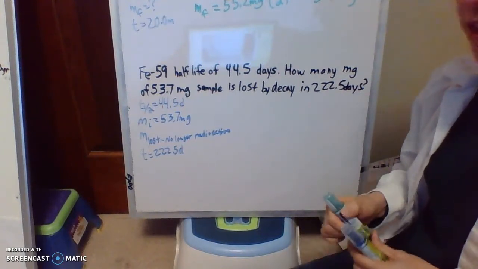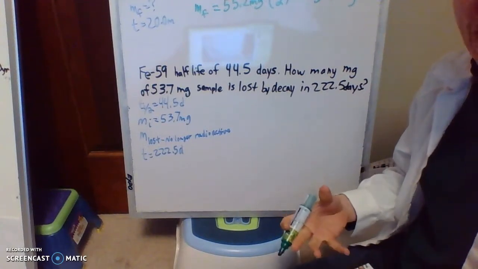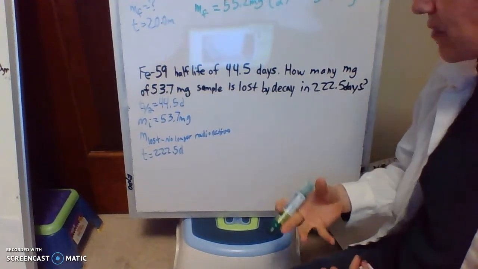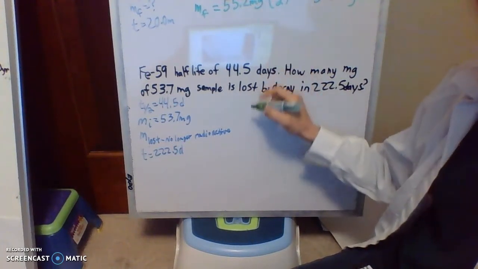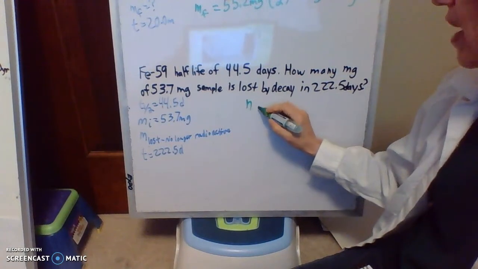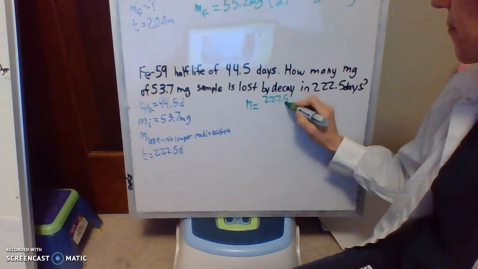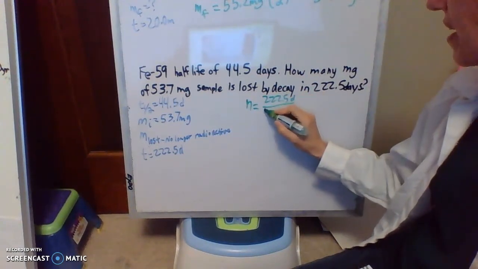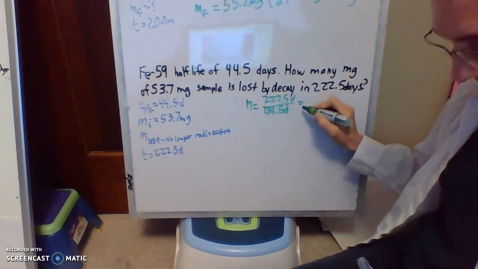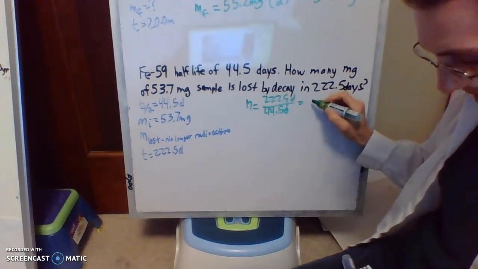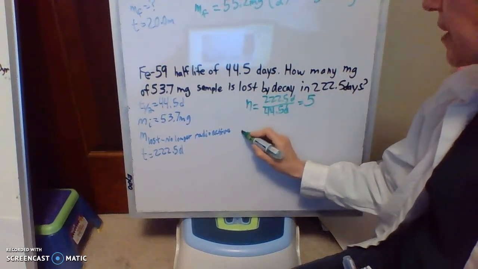So the first thing we need to do is figure out how much actually remains radioactive, because we need to know that in order to calculate how much is lost. So we're going to start off the same way we did with the previous problem. We need to figure out how many half-lives go by. So we take our time and divide it by our half-life, and we will get 5 half-lives passing in that time period.